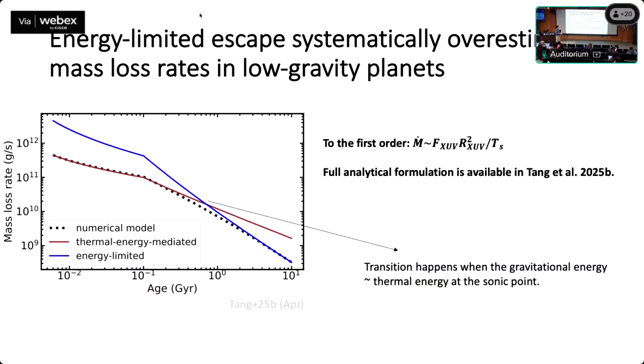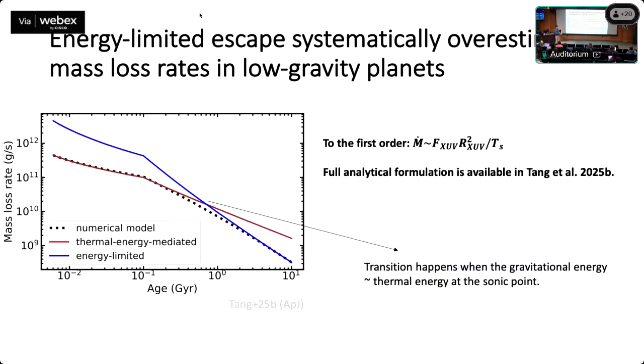By working out the math, we found that the escape rate is in proportion to the input energy over temperature. It's very different from the energy limited escape. Here I'm showing you the numerical result in dotted and analytical results following our formulation for the thermal energy mediated escape, which is in red, and energy limited escape in blue. You see that there is a good match between them.